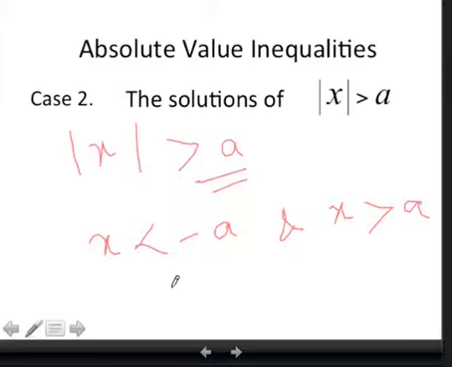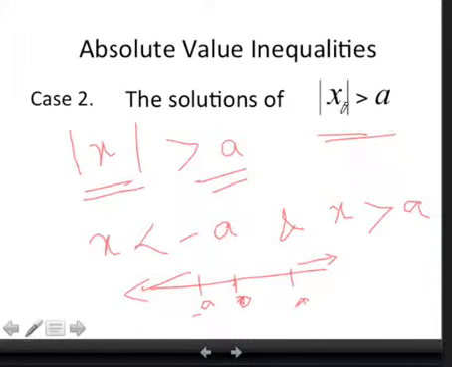So when we use the absolute symbol, we are looking at distance from the origin to the real number x. That's why when there is a greater than sign with an absolute or modulus sign, this translates to x less than minus a and x greater than a.